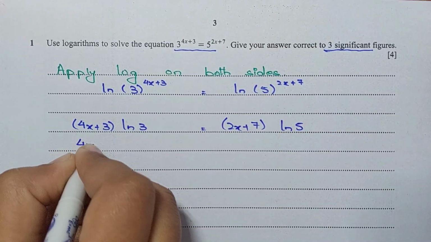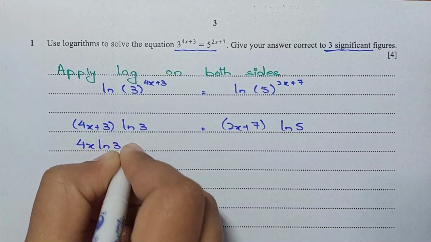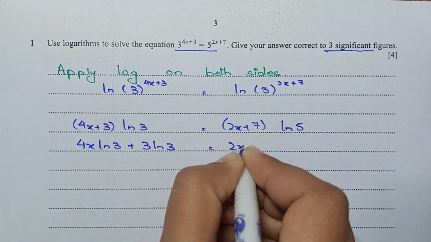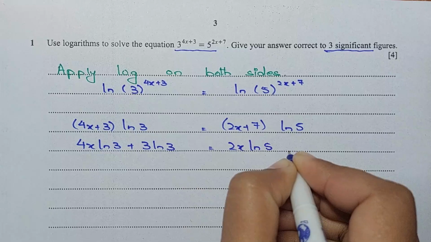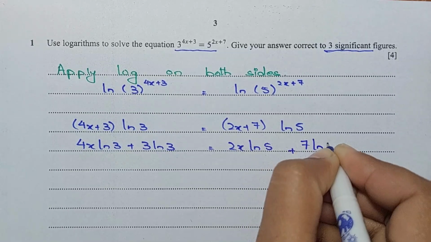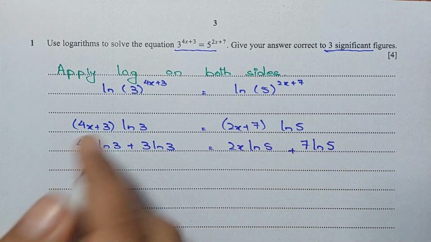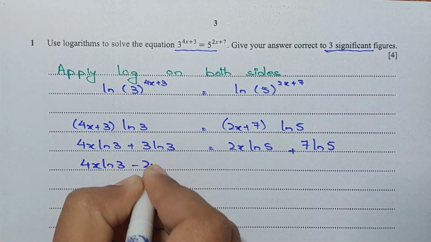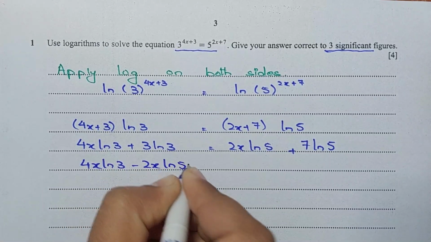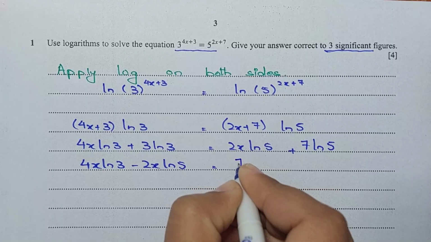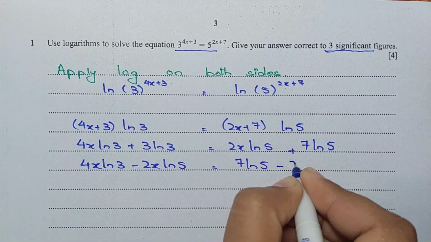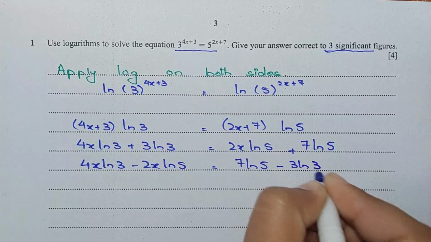Now we have 4x natural log of 3 plus 3 natural log of 3, equals 2x natural log of 5 plus 7 natural log of 5. Okay, combine the x terms: 4x natural log of 3 minus 2x natural log of 5, and combine the constant terms, which is 7 natural log of 5 minus 3 natural log of 3.